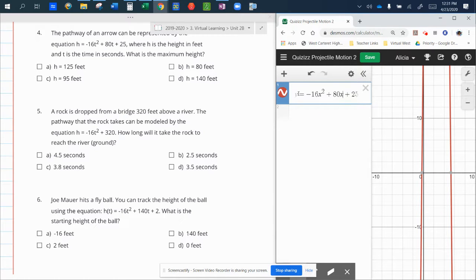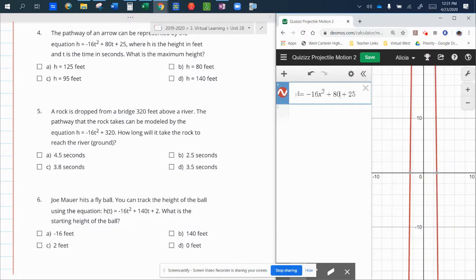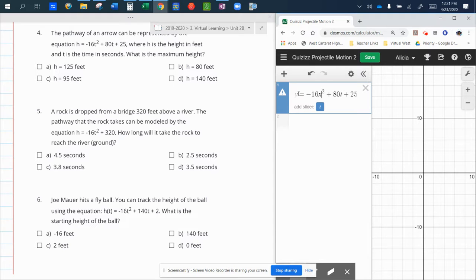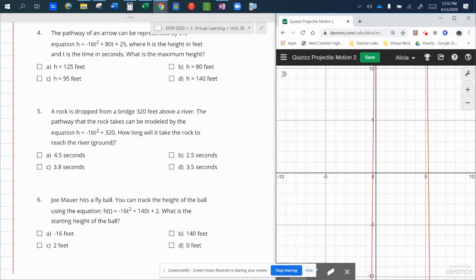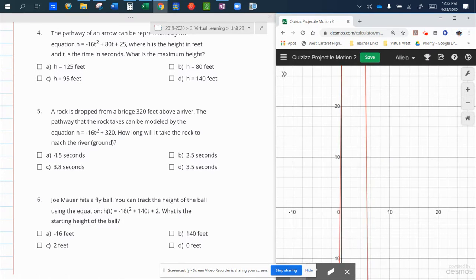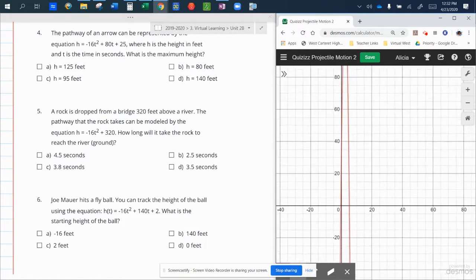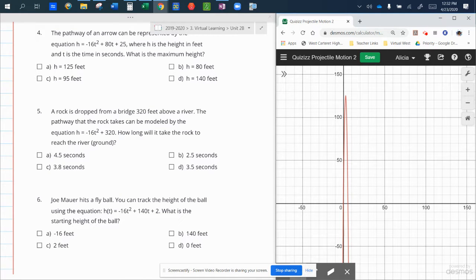And let's just show for a second that it doesn't really matter what variables we use. If I used t and h, it's still going to give me a parabola. So let's adjust our window here so I can view my parabola.